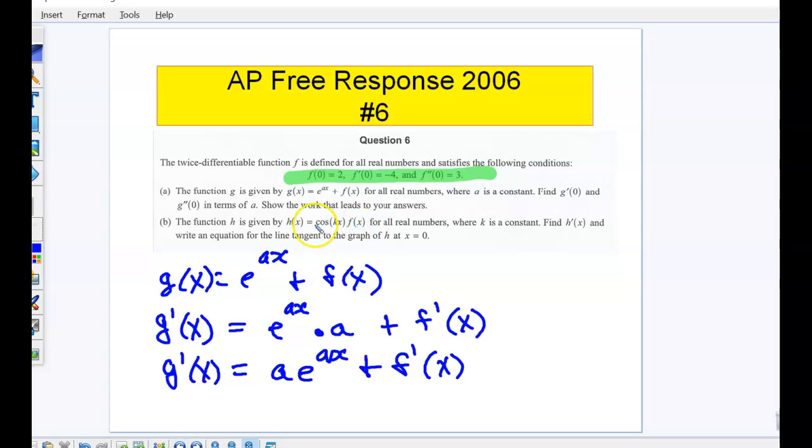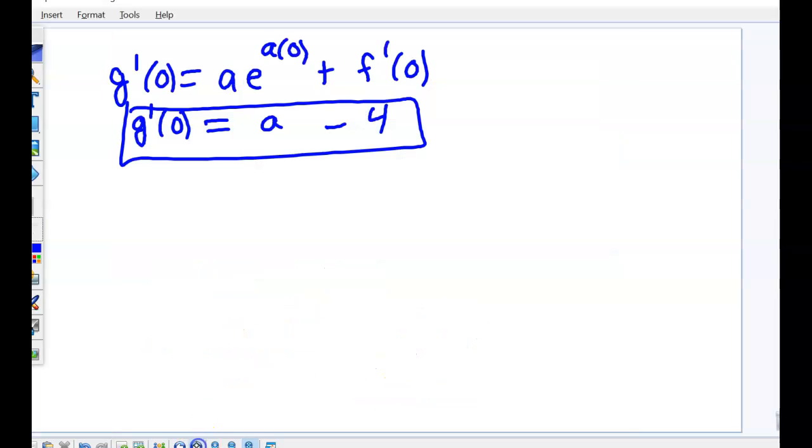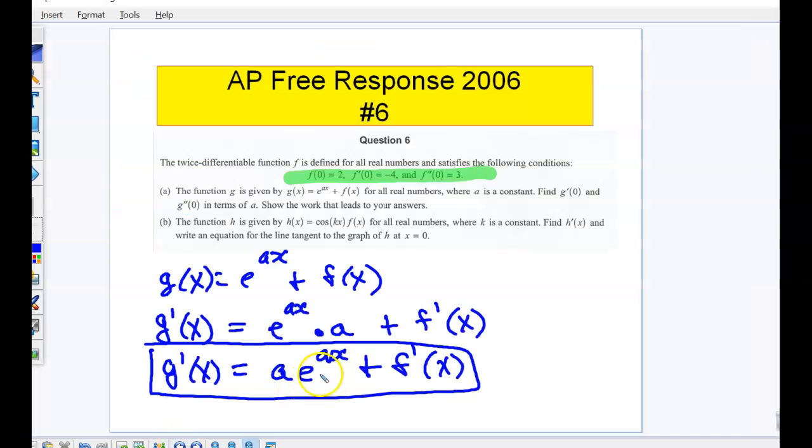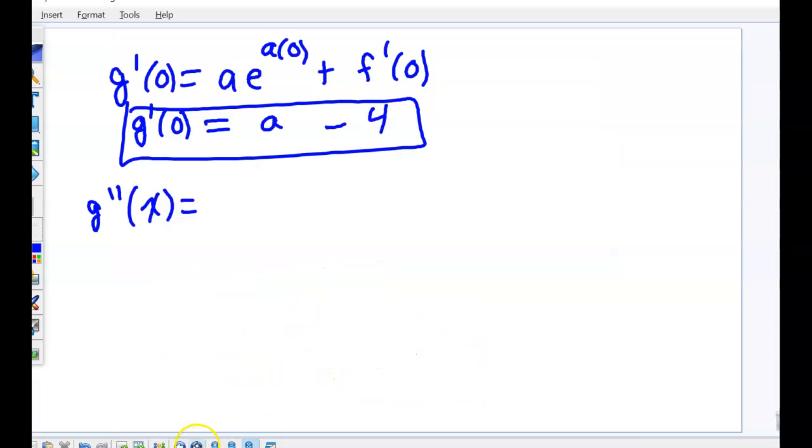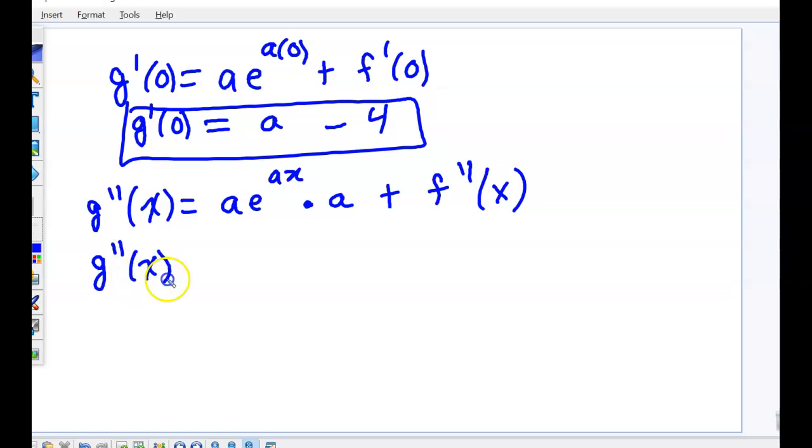They also want me in part A to find the second derivative at 0, so I have to take the derivative of this. g double prime of x is going to be, again I have a e to the ax, an exponential, so it's itself, a e to the ax times the derivative of the exponent, plus the derivative of f prime, which is f double prime. Now I'll clean this up a little bit.